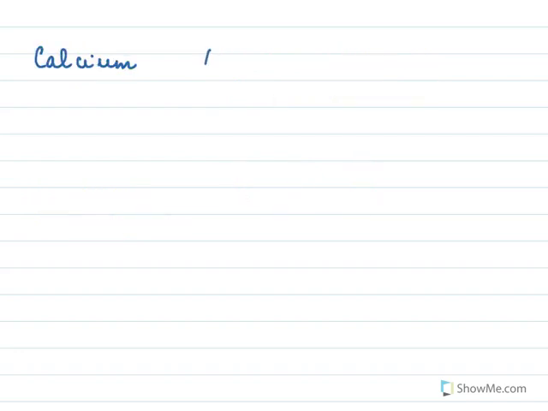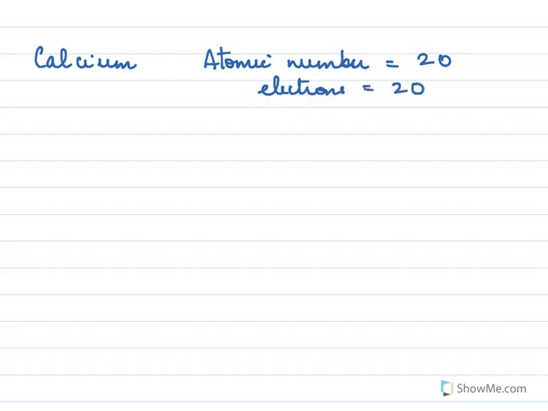Next we'll take up calcium. Atomic number is equal to 20. Number of protons 20, so electrons also equal to 20. Now 20 electrons have to be distributed in these 4 shells.